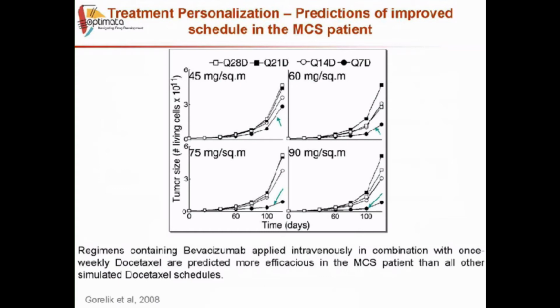We checked the virtual mesenchymal chondrosarcoma patient in our computer, and we saw that the once weekly regimen, for whatever the drug dose, for those we tried, will be better than the 3 weekly regimen, and therefore we recommended for this patient a combination of docetaxel and bevacizumab in a very specific protocol, which for docetaxel meant once weekly a smaller dose.